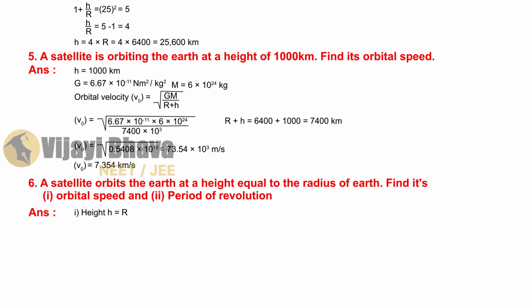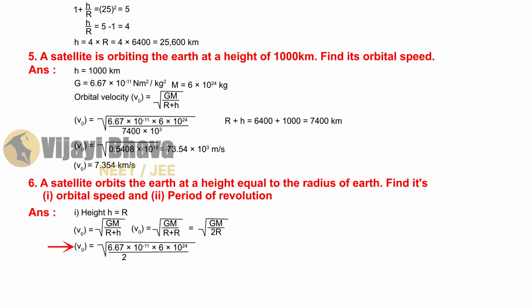Substituting all this data in the formula of orbital speed, V naught is equal to root of GM by r plus h. V naught is equal to root of GM by r plus r, since height h is equal to the radius of the earth in this problem, which is equal to root of GM by 2r. Substituting the values, V naught is equal to root of 6.67 into 10 power minus 11 into 6 into 10 power 24 by 2 into 6400 into 10 power 3.